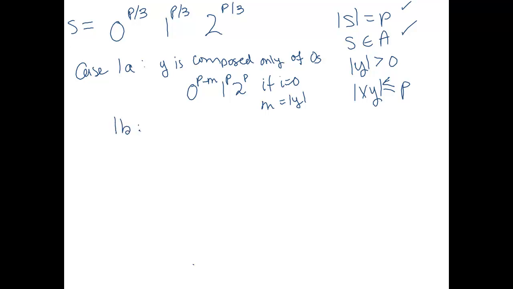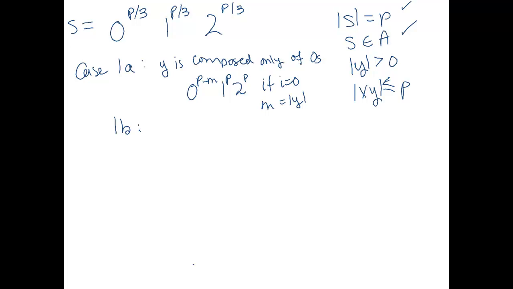What's my next case? x could be all of the zeros and then possibly some of the ones. Okay, y could be contained entirely in the ones, and z could be all of the 2s and then possibly some of the 1s. So let me see if I can make that.